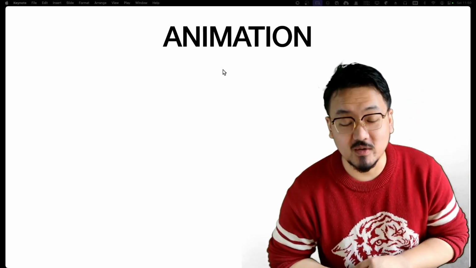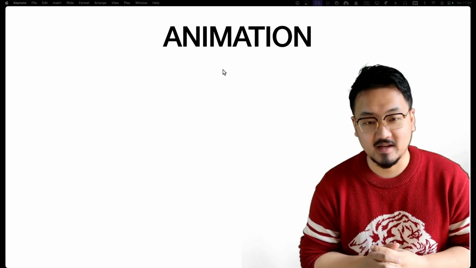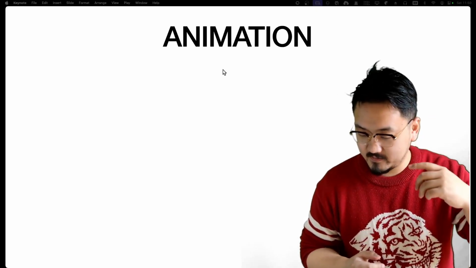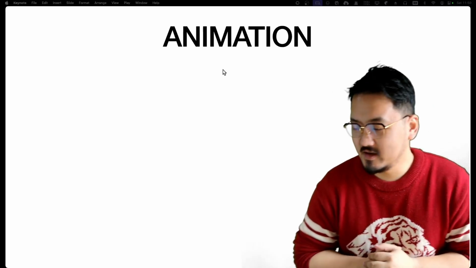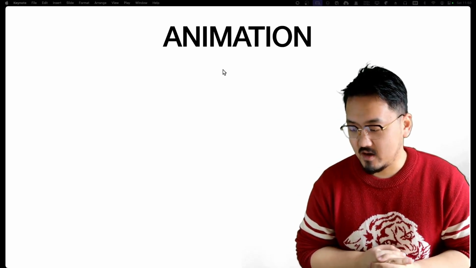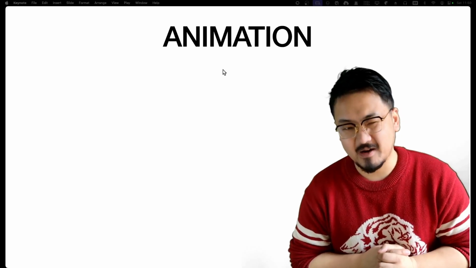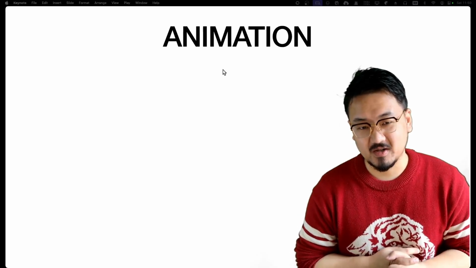We have a lot of tools to work from, even some open source tools like Krita, or some paid tools like Photoshop's animation, which is not good enough. But there's Adobe Animate, and Character Animator, which is technically not animation in the traditional sense.